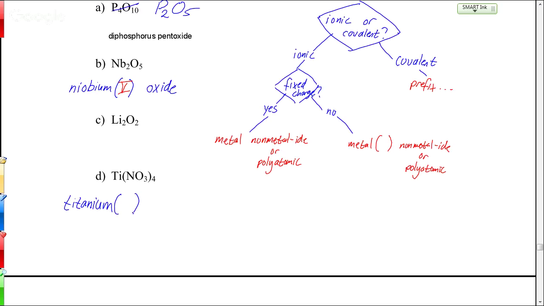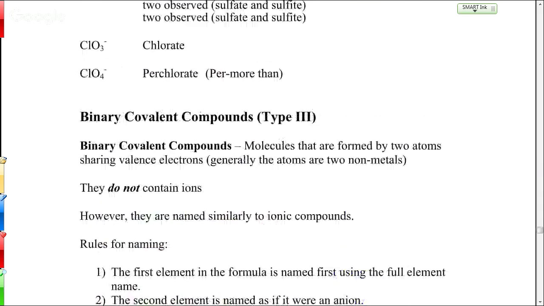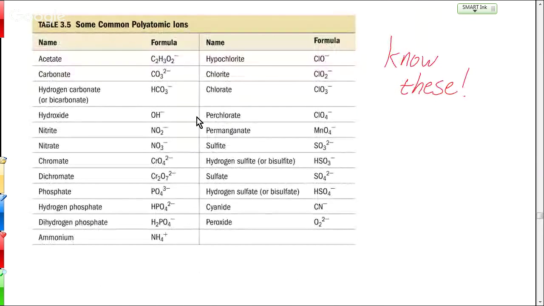That would be N2O as a covalent compound, but this is an ion, so this is the nitrate anion. And anybody know the charge of the nitrate anion? For this week, we can go back up and look at our table. We find nitrate right here, NO3 minus, so that's a 1 minus.